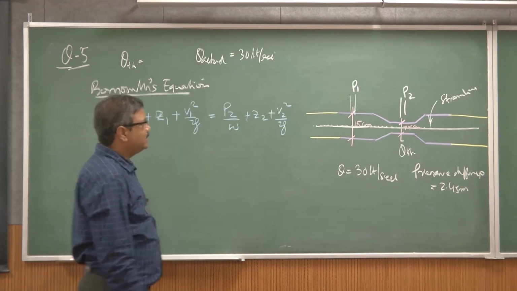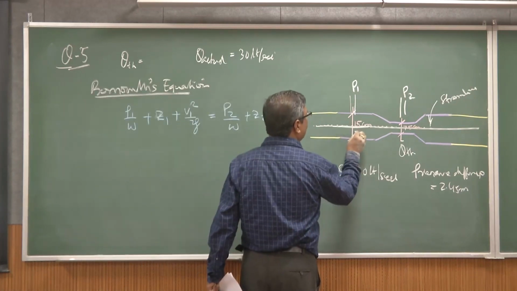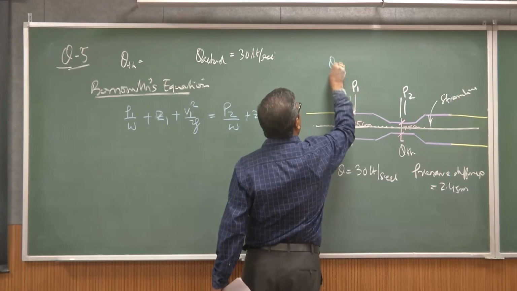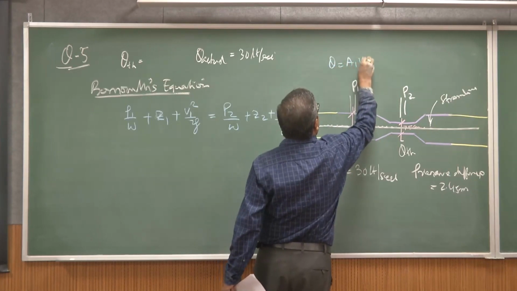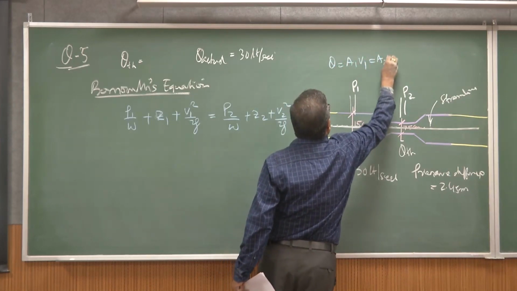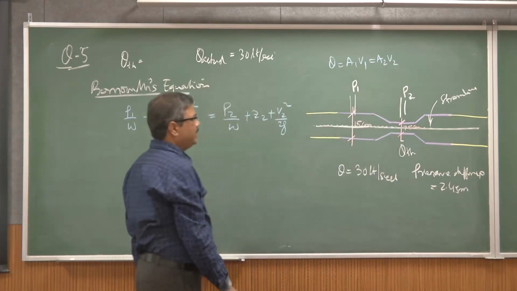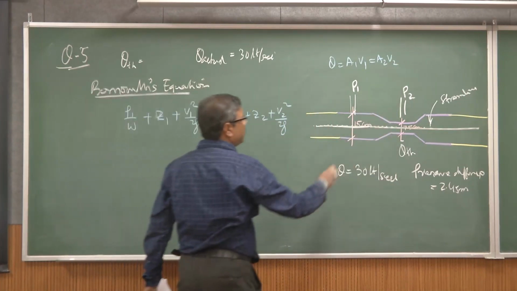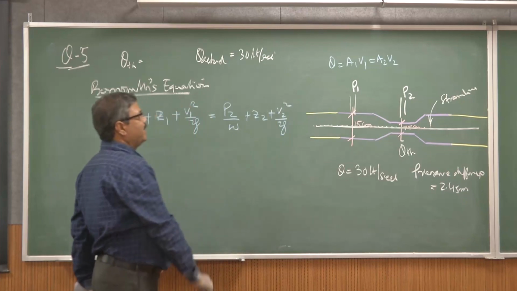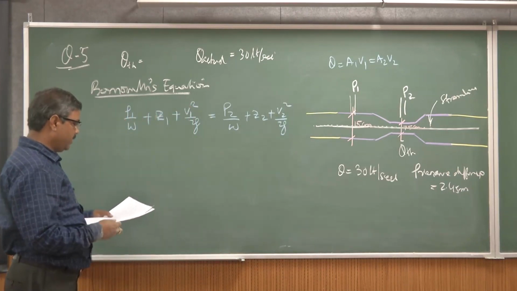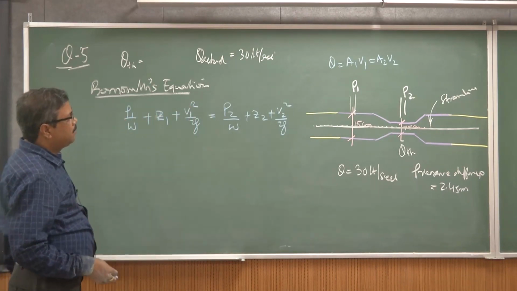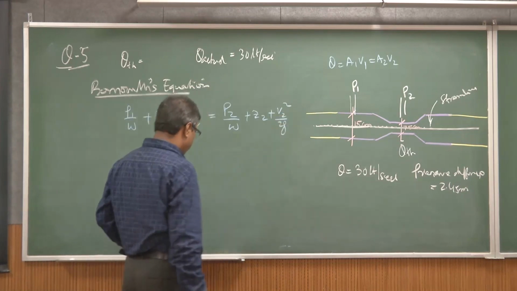Since there is one inflow and one outflow for this control volume, whatever the amount of flow, Q will be A1 V1 equal to A2 V2. So we can write Q equal to A1 V1, A2 V2.